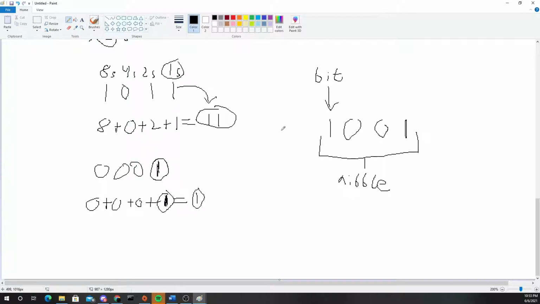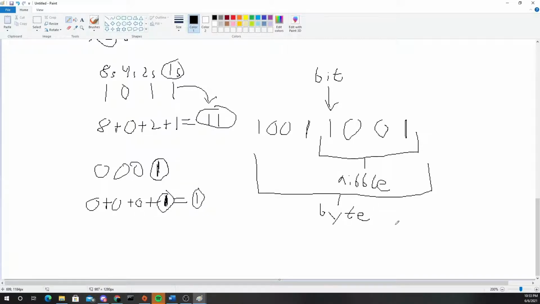Now, if we added more bits onto this number, so let's say we had 8 bits instead of 4, so we'll say another 1, 0, 0, 1. So 8 bits, or 2 nibbles, is actually what's known as a byte, and this is probably the term you've heard more often if you're somewhat tech savvy.